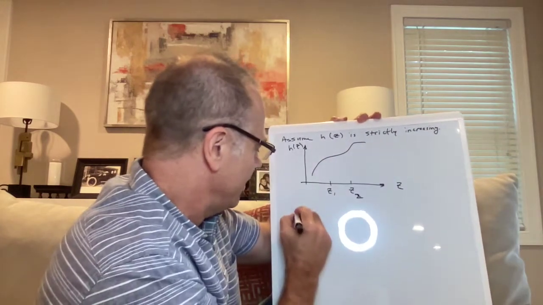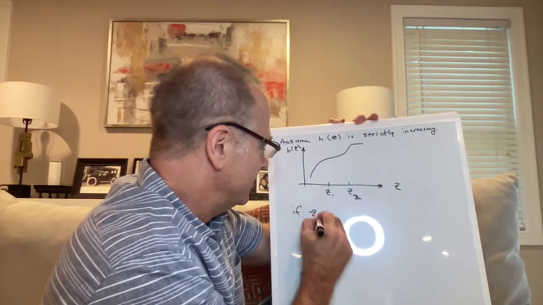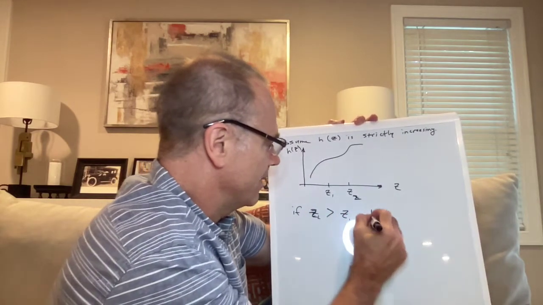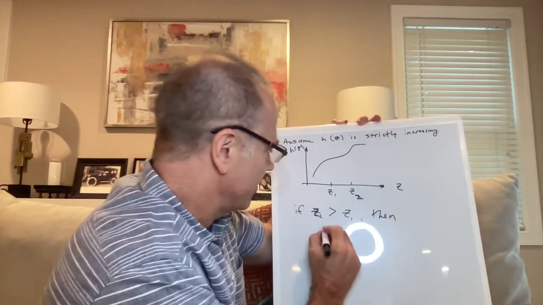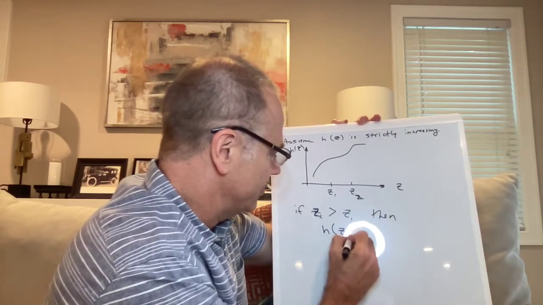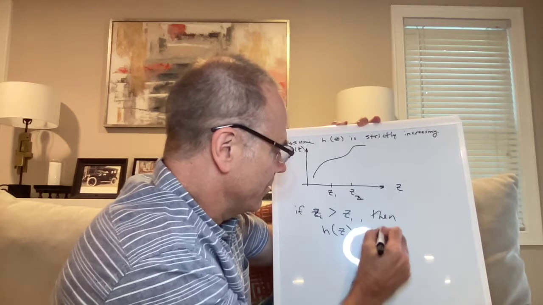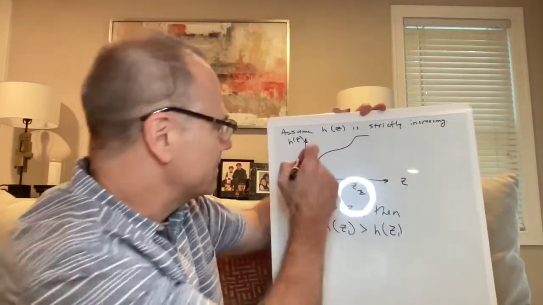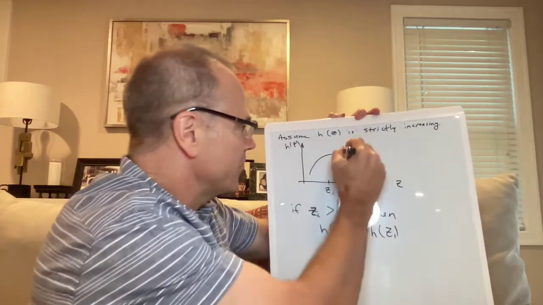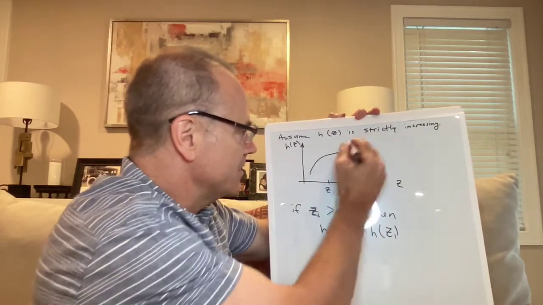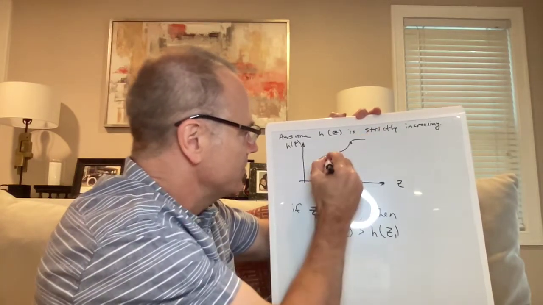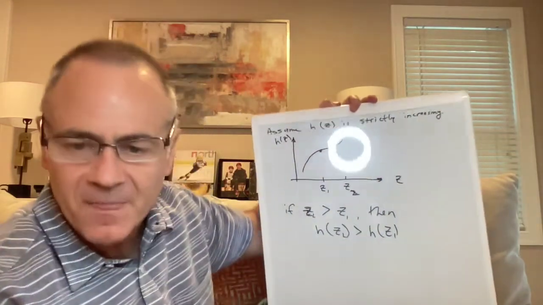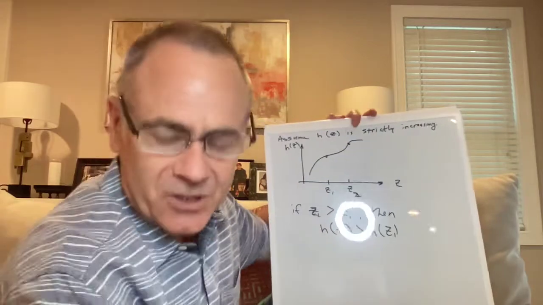If z2 is greater than z1, then necessarily h of z2 is greater than h of z1. That should be obvious. If this thing is strictly increasing, and z2 is bigger than z1, then h of z2 has got to be higher than h of z1.